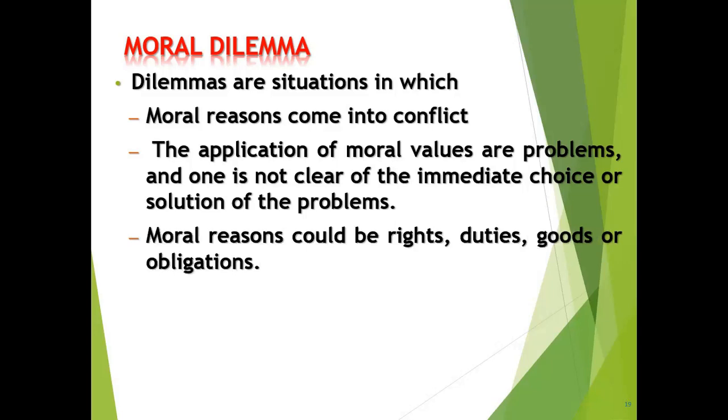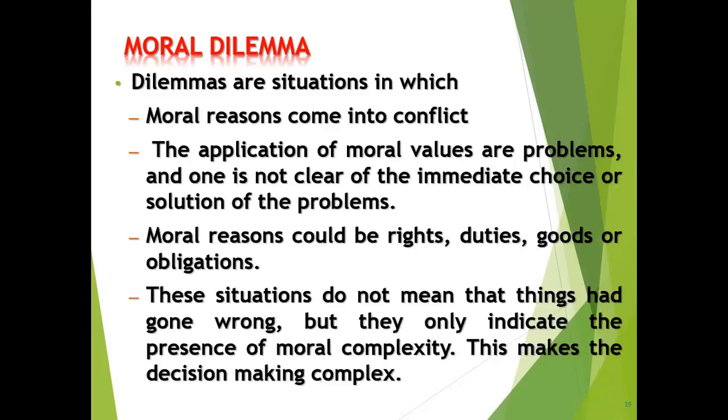The moral reasons could be rights, duties, goods, or obligations. These situations do not mean that things have gone wrong, but they only indicate the presence of moral complexity. Only when there is complexity does a dilemma arise. So this makes decision making complex.